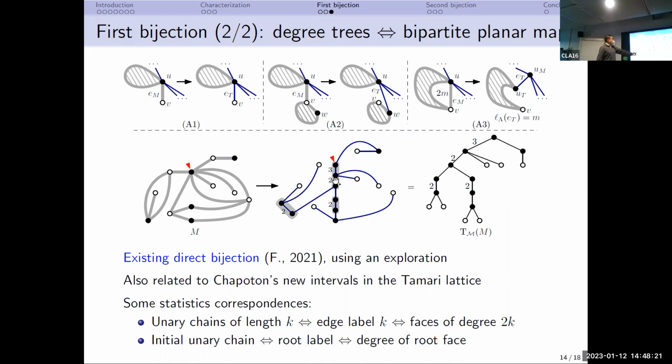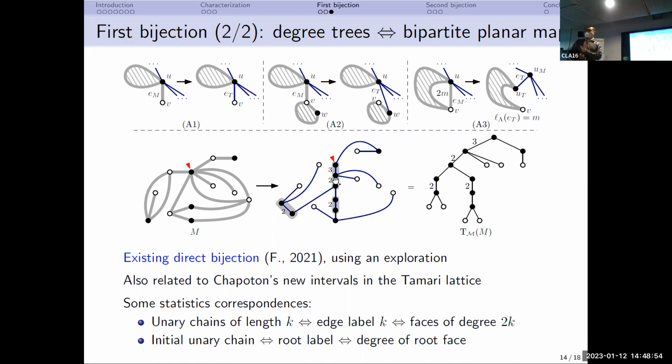And then in this bijection, we put labels if and only if we see a face of degree 2k. So in fact, the unary chains of a certain length correspond exactly to the number of faces of degree 2k. And this also applies to the initial unary chain and the degree of the root face, the outer face. And that's how we get the probabilistic result.